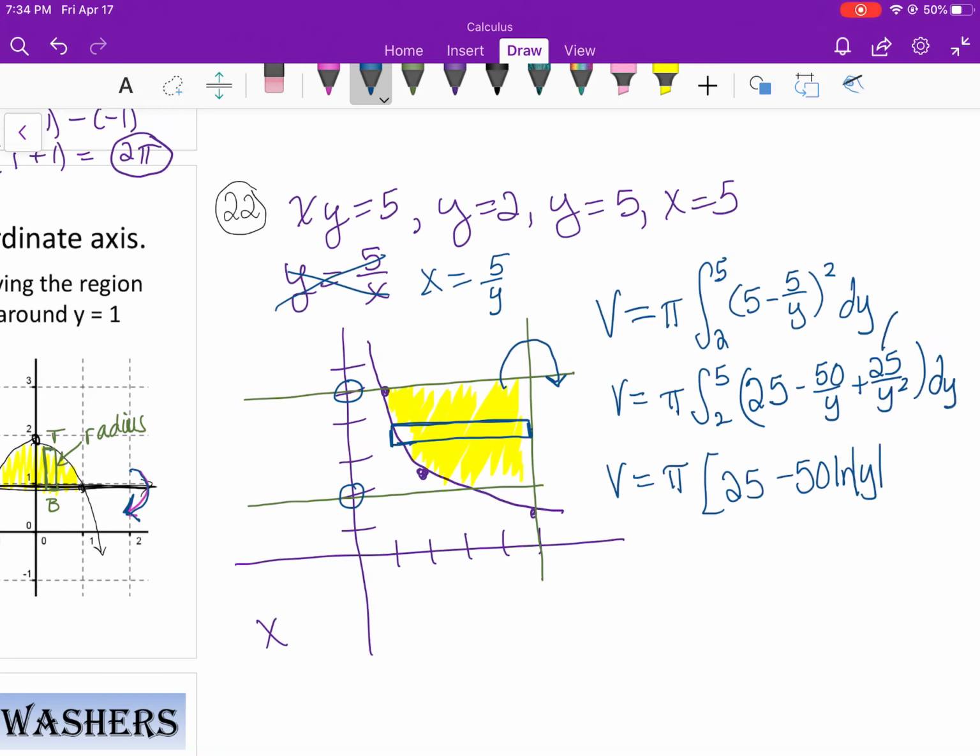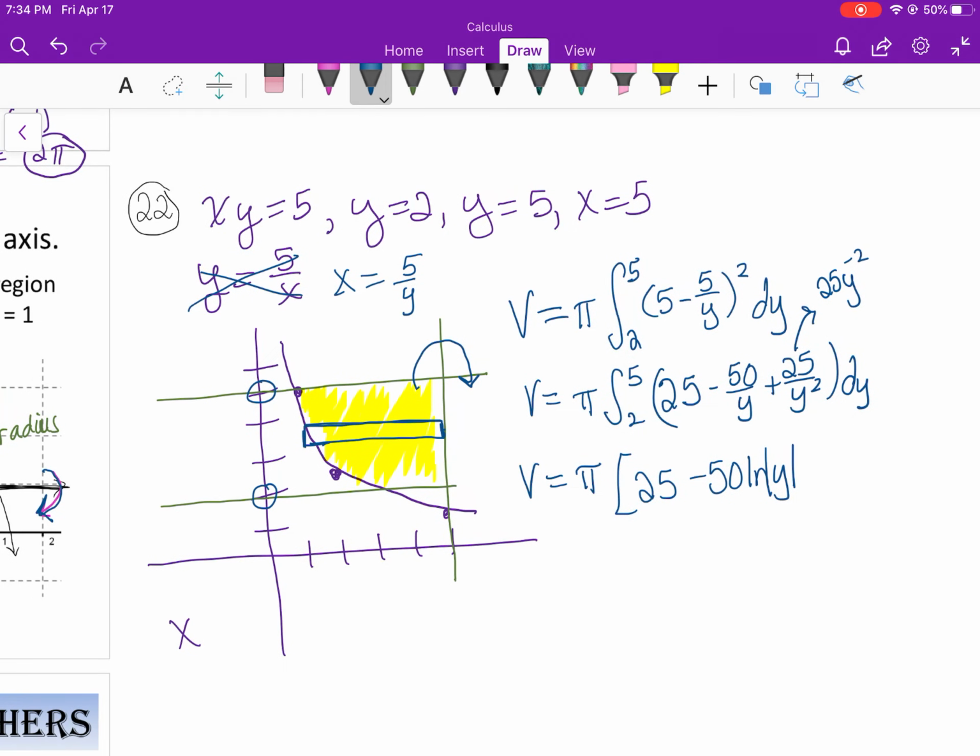Now, some of you are struggling with integrating this. Remember, it's 25y to the negative second. If I integrate that, I'm going to add 1 and divide. So I'm going to end up with negative 25 over y, and we're going to go from 2 to 5.